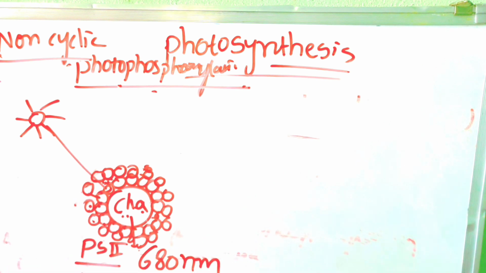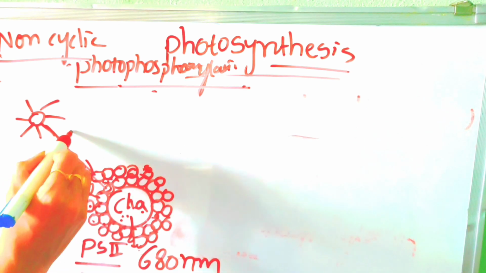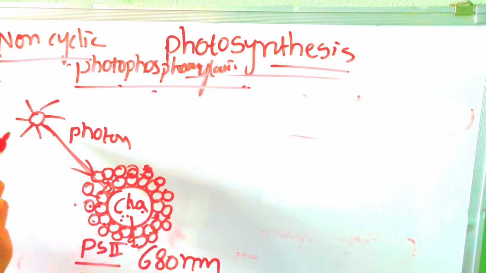Okay, first the sunlight falls on the accessory pigments and the reaction center chlorophyll A. So photons are released from the sunlight.